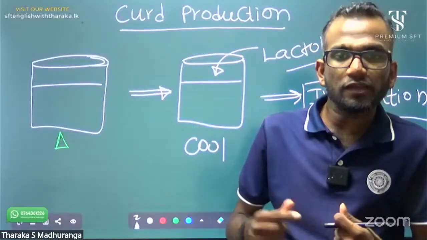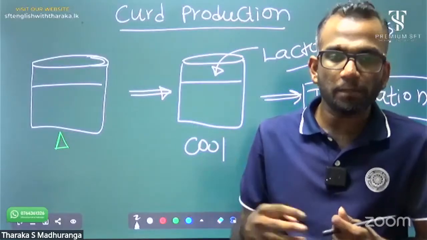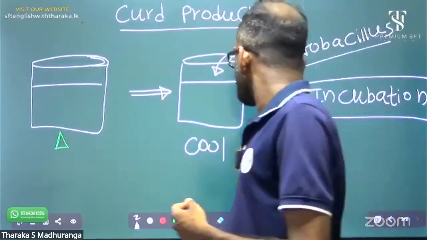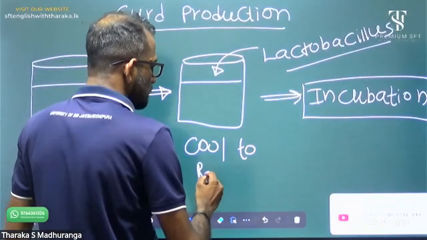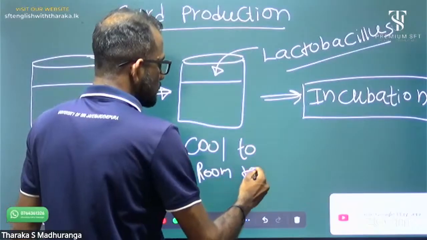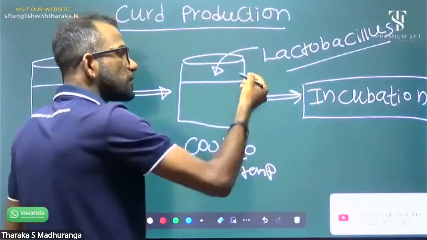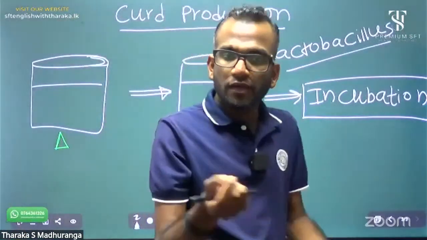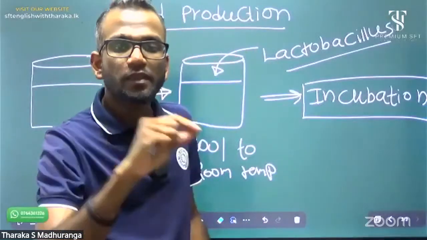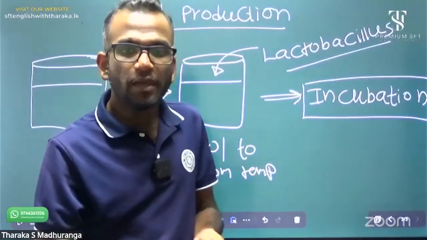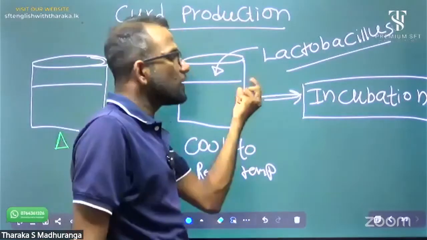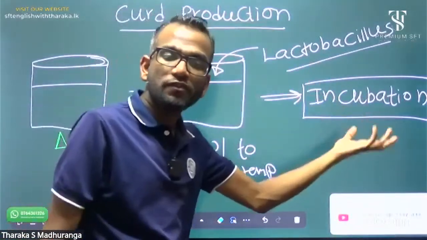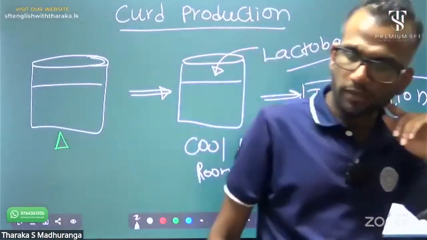That's why we need to cool to room temperature and introduce the lactobacillus culture. What are we doing? We add a sample of already produced curd, not milk. Then incubation means provide favorable conditions for lactobacillus growth.